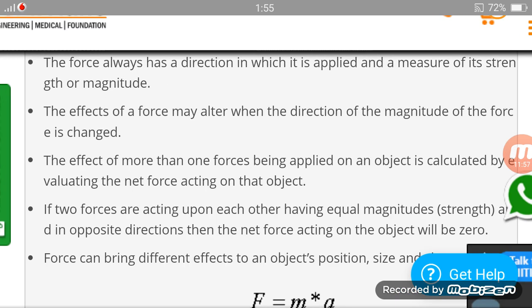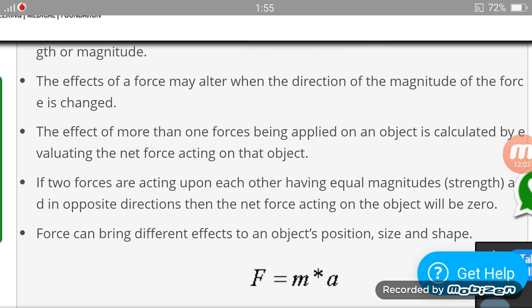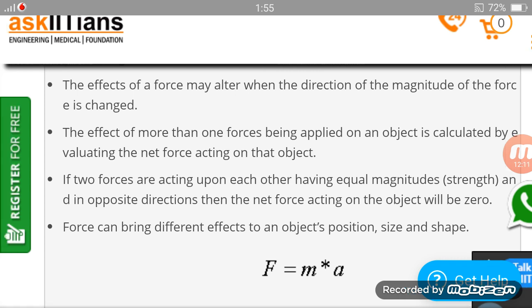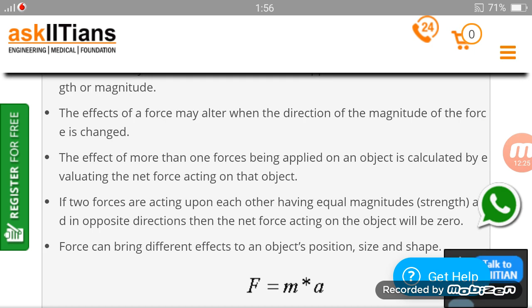The next point is the effect of more than one force being applied on an object is calculated by evaluating the net force acting on that object.